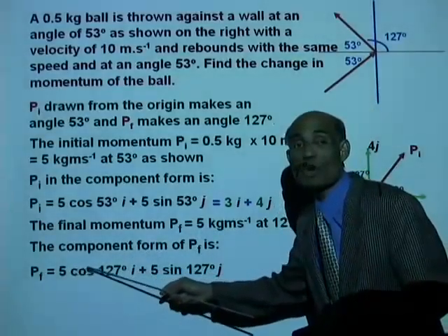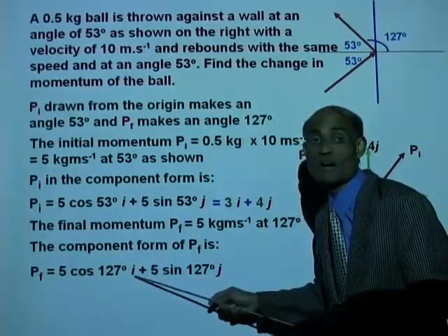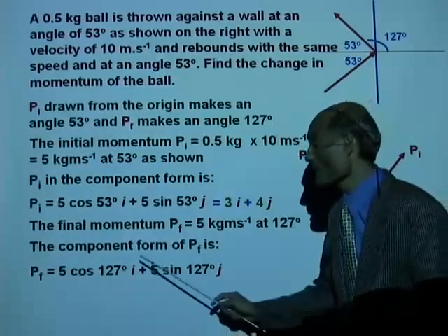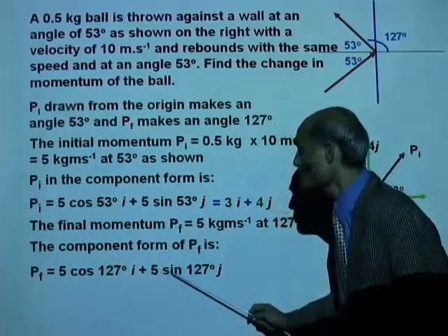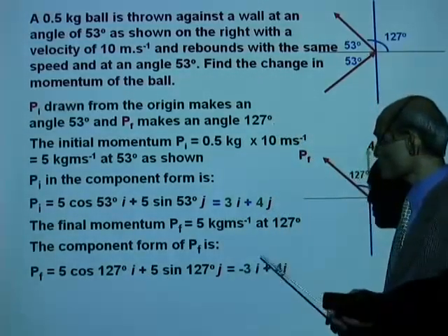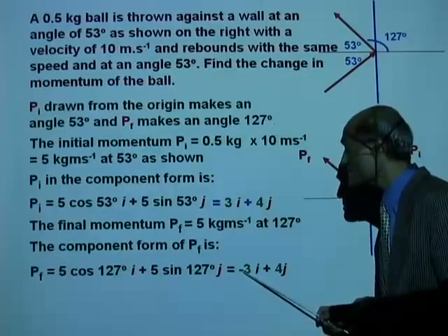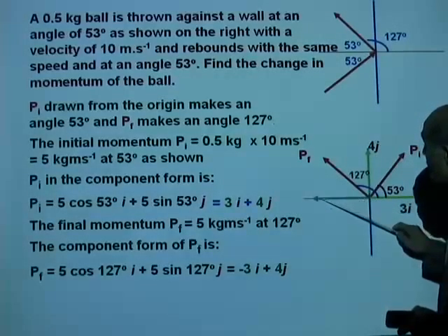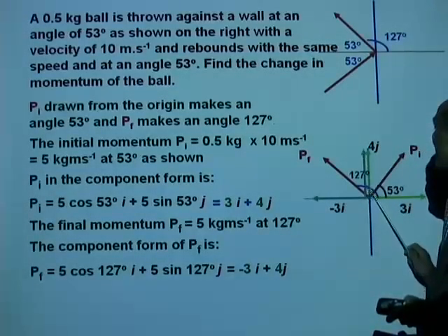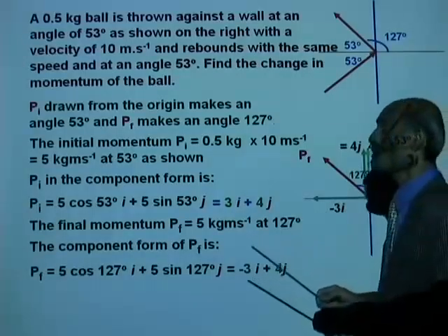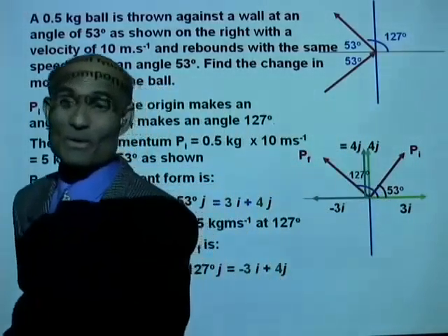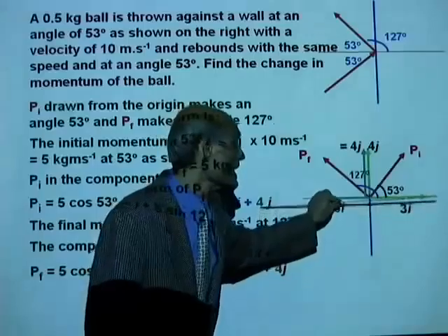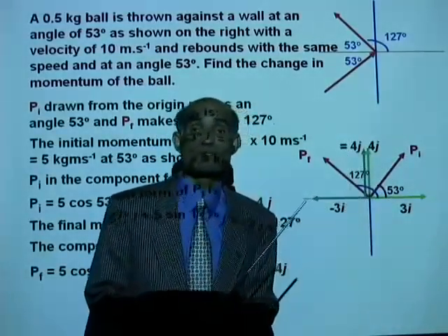It will be 5 cos 127 degrees I plus 5 sin 127 degrees J. And using the values of cos 127 and sin 127, you get it as negative 3I plus 4J. The x component of this is negative 3I and the y component is 4J. And now, we have broken these vectors into their x component and y component.